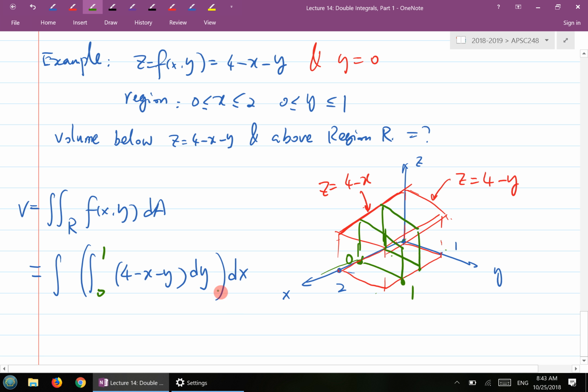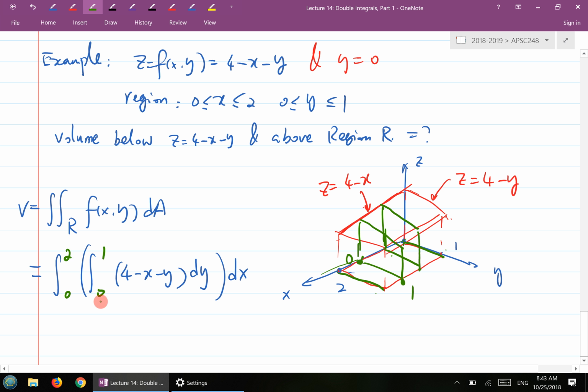And then the second step of the integral is you sweep from one end of the bottom region R to the other end of the bottom region R. So that basically means sweeping from here to here. And that represents x min and x max, which is 0 to 2. So you do these two steps, as you can see.